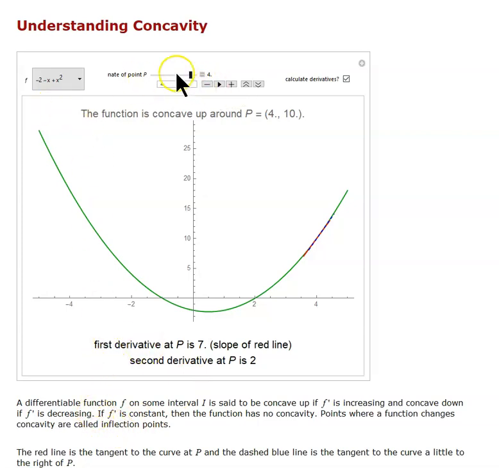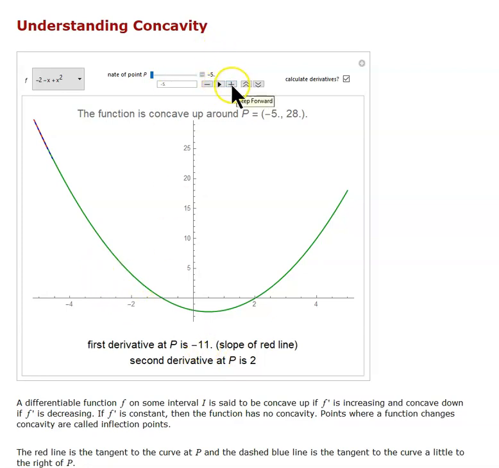So let's go back. The first derivative at -5 is -11. That's the slope of the red line segment. Let's go ahead and increase. Notice that the slope of the red line, or the first derivative, is now -9. Now it is -7.